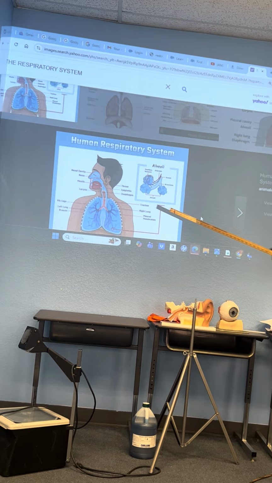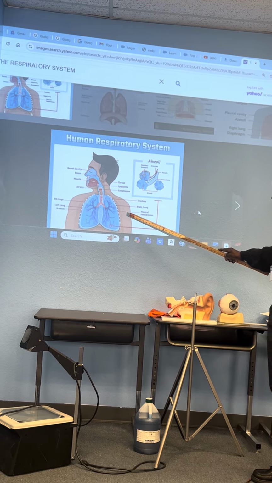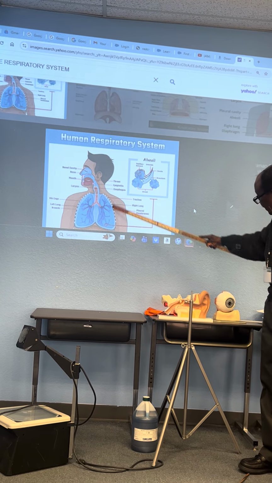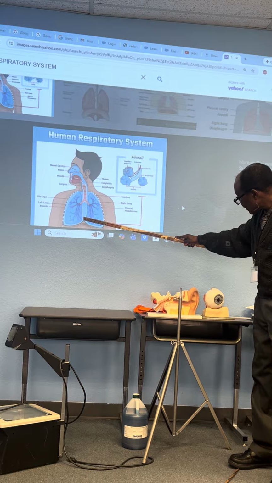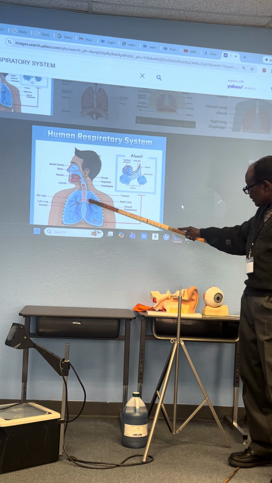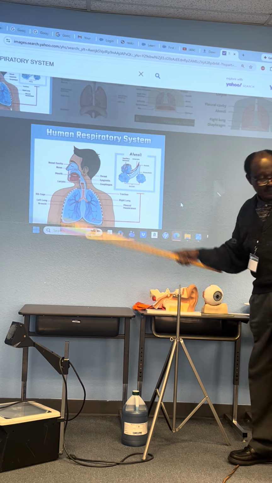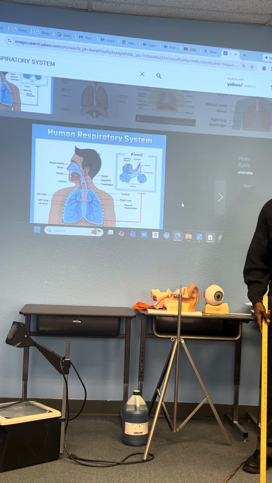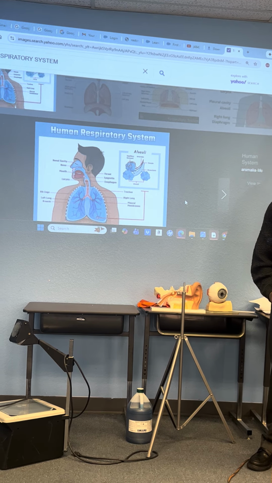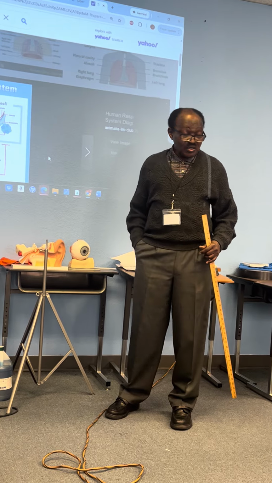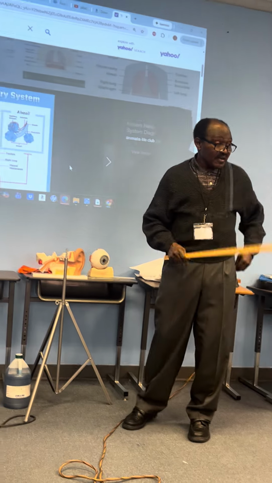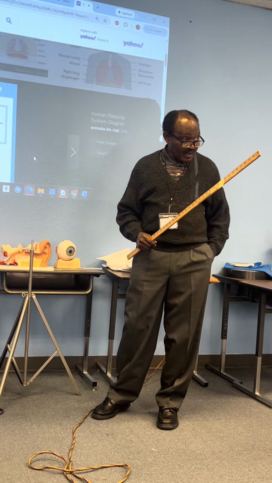So we have one side here for this lung, this is the left lung, another side here, and then another one here. So there are three sides, 1, 2, 3, and that's a triangle. A triangle has three sides. That's why we call it triangular shape. So you have to know the shape of the lung.